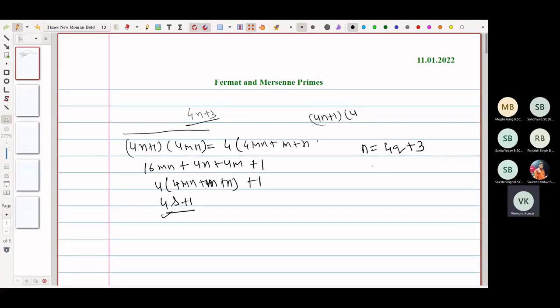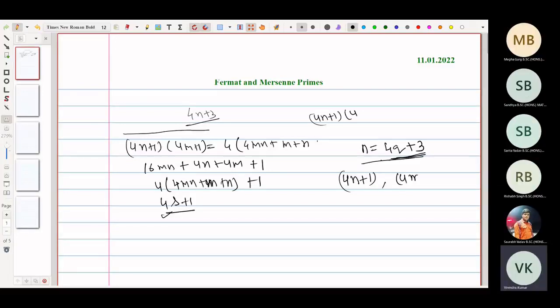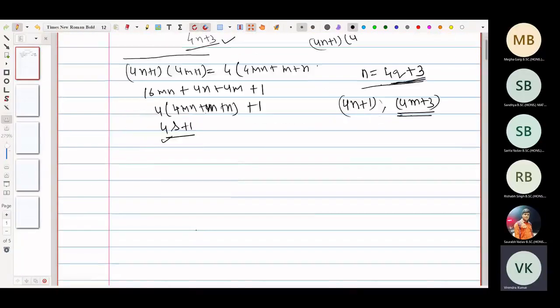Then we claimed that the divisors of this number are some numbers of the form 4n plus 1 and some of the form 4m plus 3, and at least one divisor should be of this form. So this was the technique we used to prove that there are infinitely many primes of this form. Similarly, there is another result.